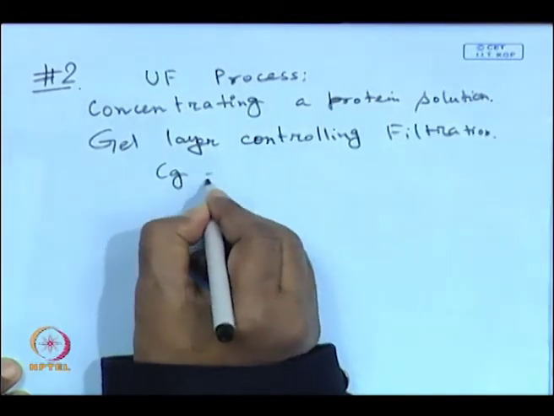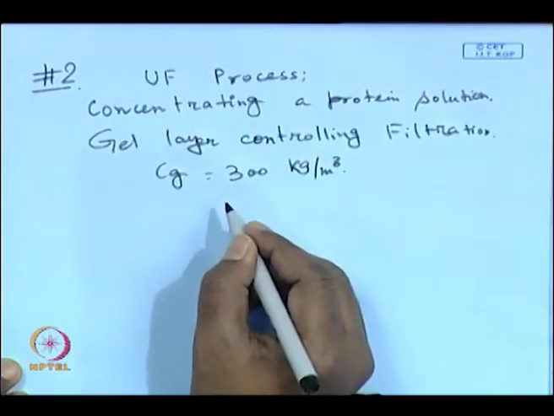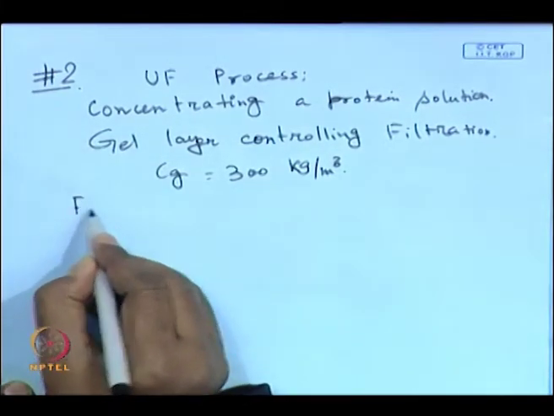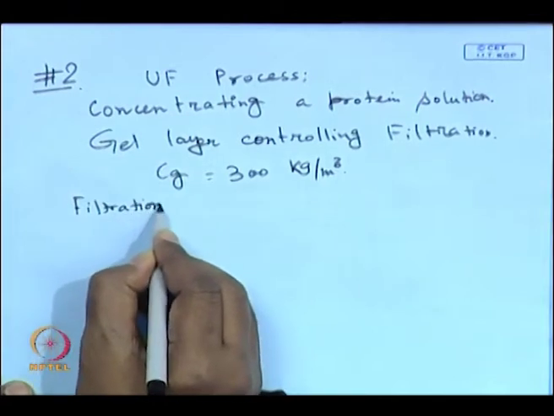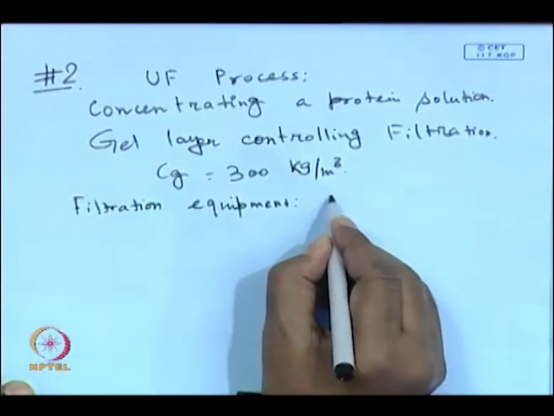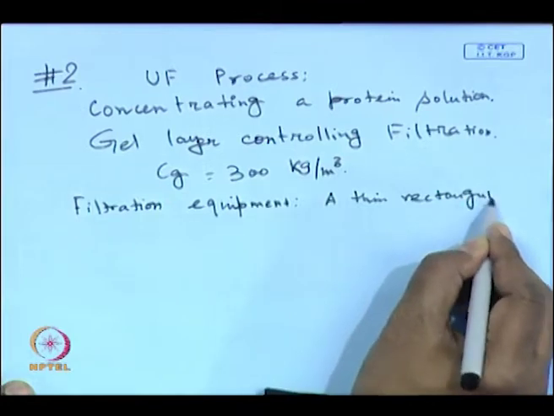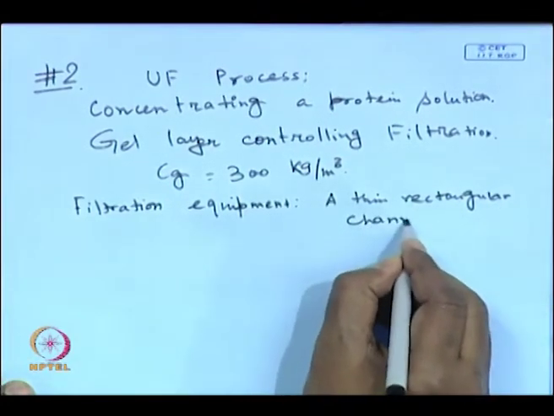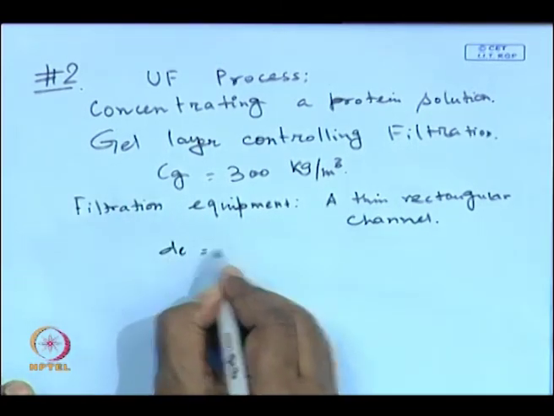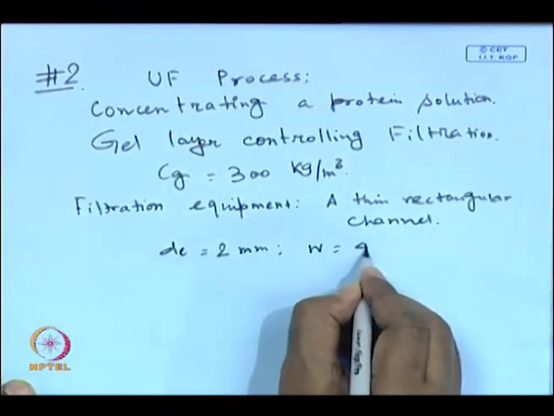The gel concentration is given as 300 kg per meter cube. And filtration takes place in a thin rectangular channel. The filtration equipment is a thin rectangular channel with the equivalent diameter given as 2 millimeter and width given as 4 centimeter.